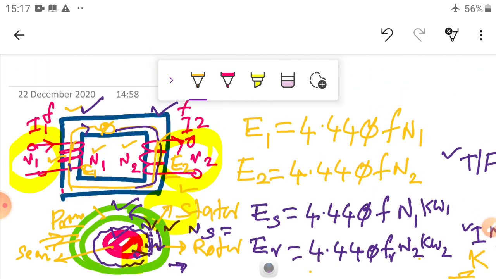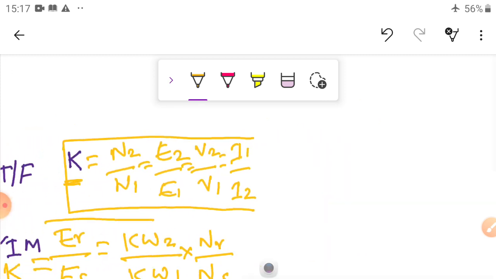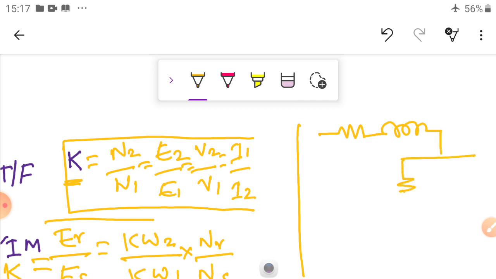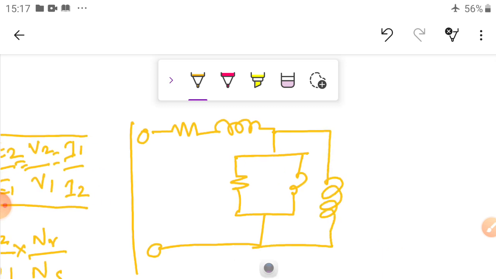If you look at the parameters of a transformer, the transformer has the primary winding with primary resistance and primary inductance, and the equivalent components R0 and X0 are connected here. This is connected to the primary equivalent circuit.